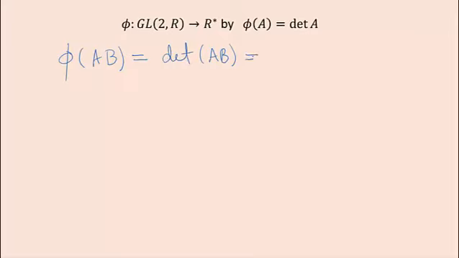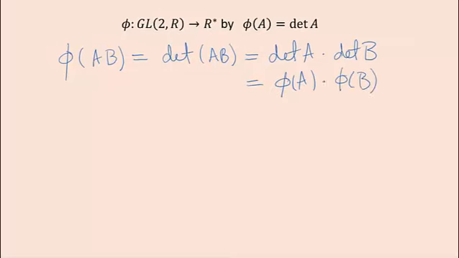From your linear algebra, you know that the determinant of the product is the product of the determinants. So that is the product of two non-zero real numbers. It's a non-zero real number, and in fact it is equal to phi of A times phi of B, multiplication in R star. So we see that phi does preserve the operation.